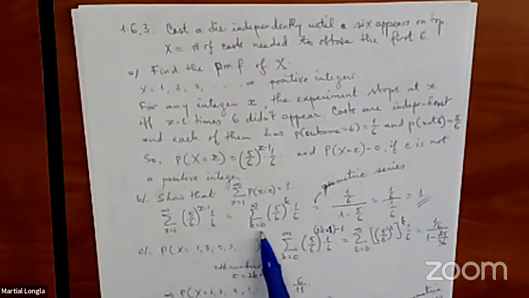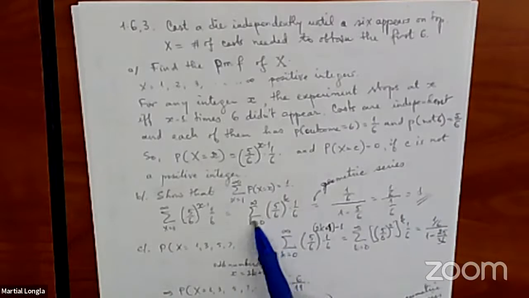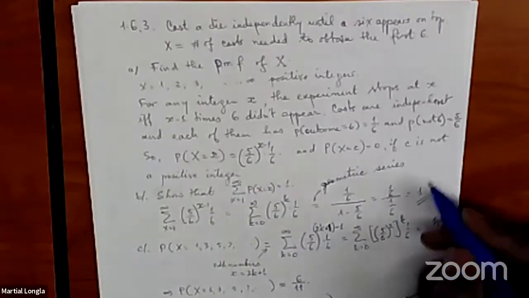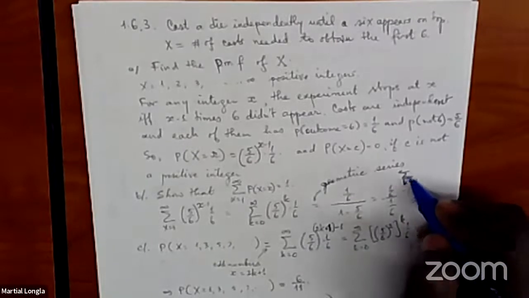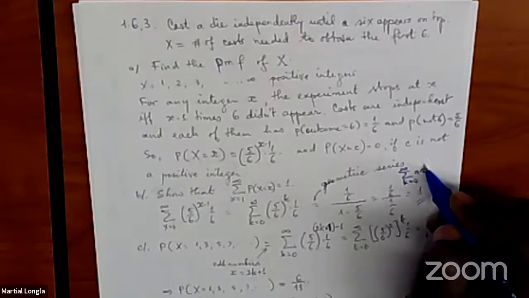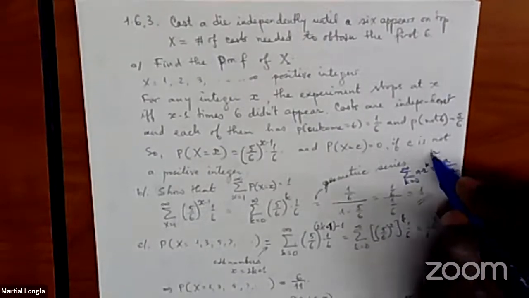And then I change the variable here to start from 0 to infinity, as the sum of a geometric series starting at 0 is equal to a over 1 minus r. The formula that's used here is this one: the sum for k from 0 to infinity of a r to the power k equals a over 1 minus r, when the absolute value of r is less than 1.